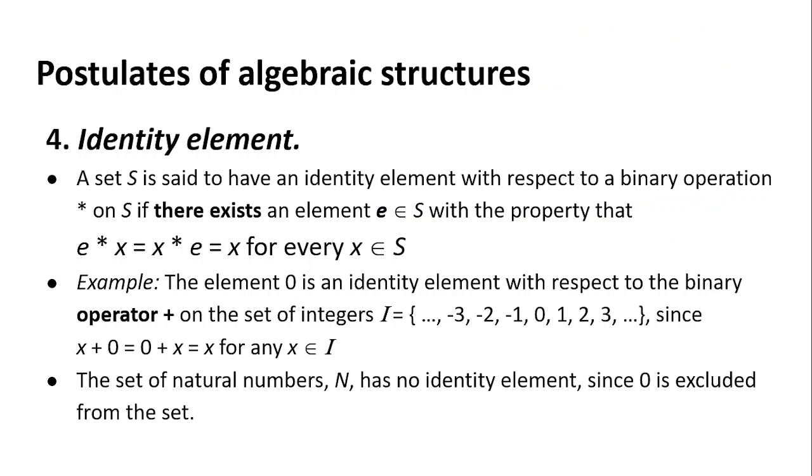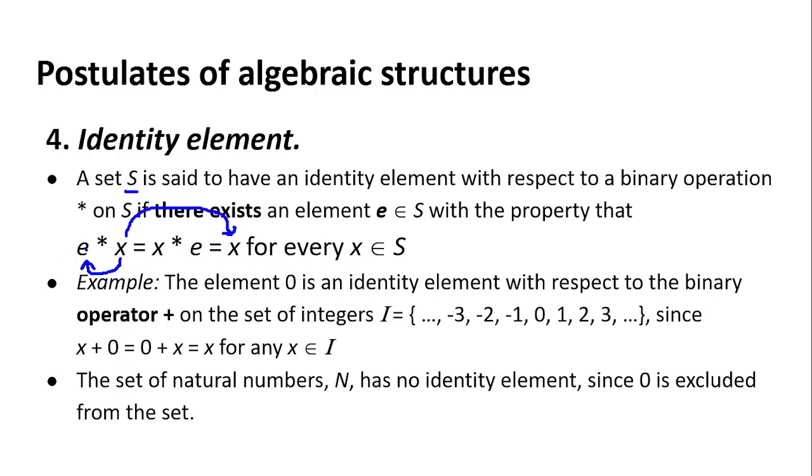So how do we express that in terms of a mathematical equation? If x is an element that belongs to the set, and x comes to you and says, who am I? Then what are you going to say? You go and stand in front of this element. Which element? The identity element. And if you stand in front of the identity element, you will find yourself.